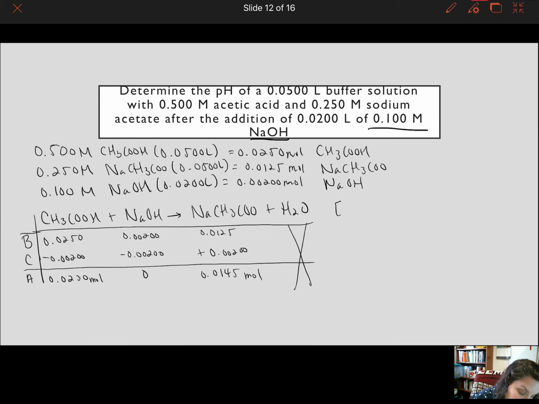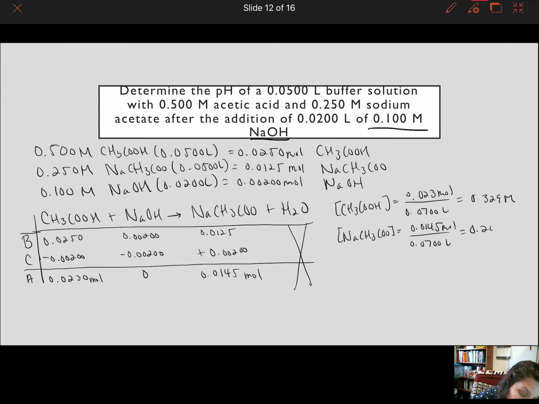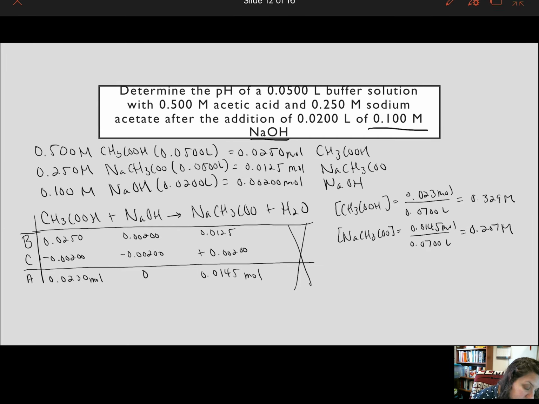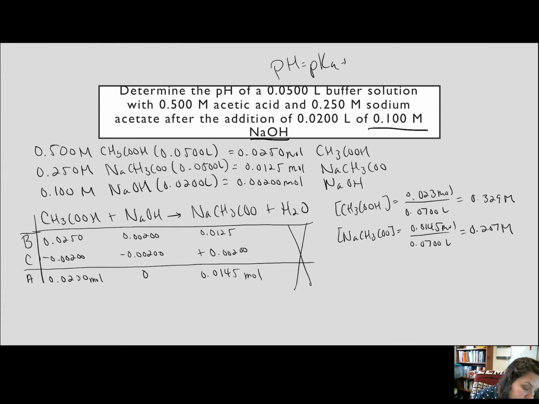If we solve for concentration, we get 0.329 molar acetic acid, and then we get 0.207 molar sodium acetate.